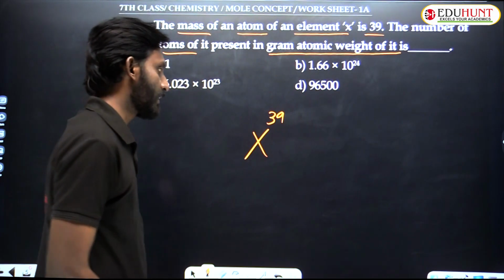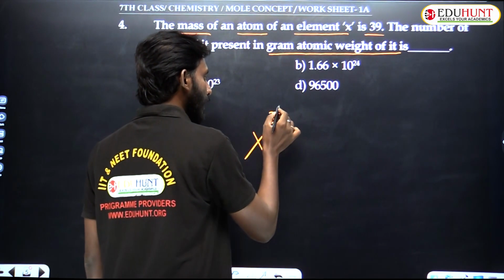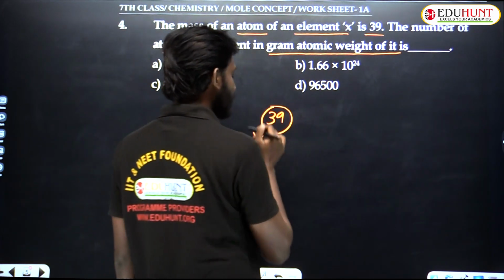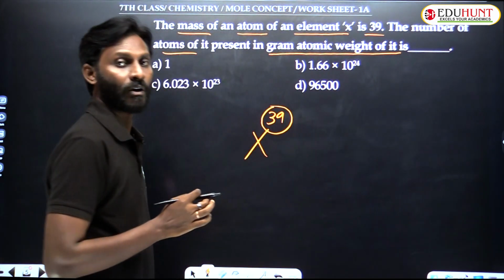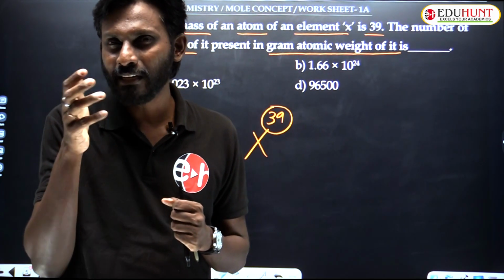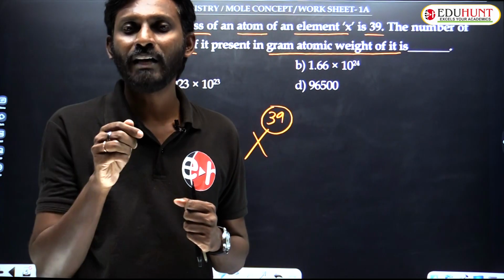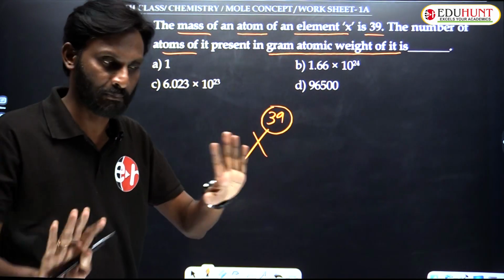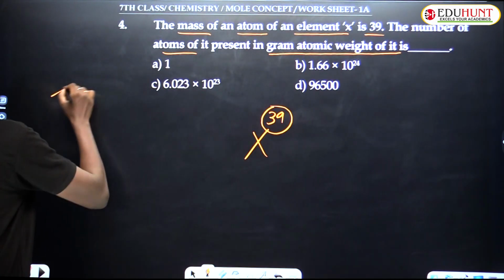See, simple. If mass number is 39, I have explained in a very crystal clear manner how the atomic mass number is related to gram atomic weight. Let's take a real example.